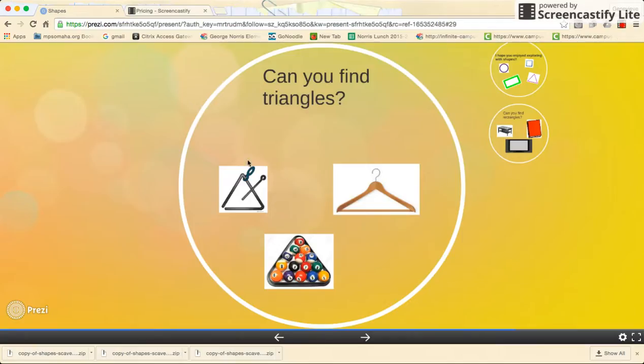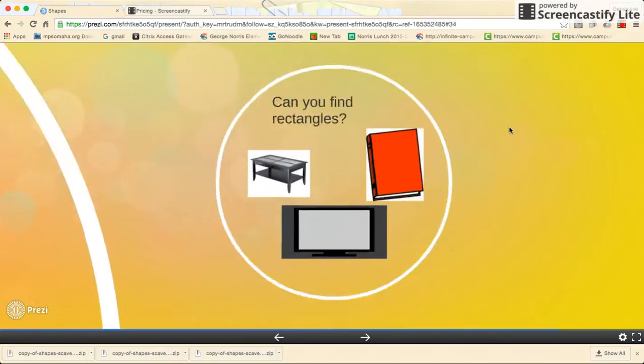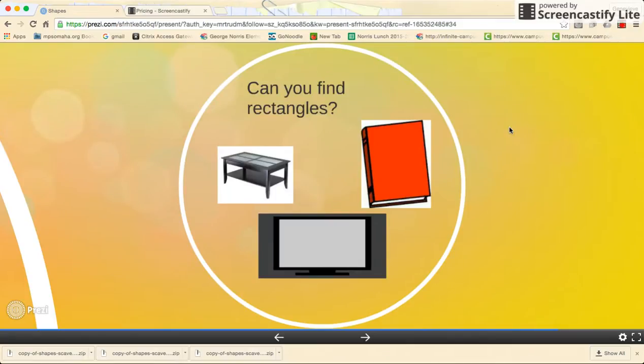I know one of these we have in our classroom here. But keep looking. Can you find any rectangles? We also have lots of these in our classroom.